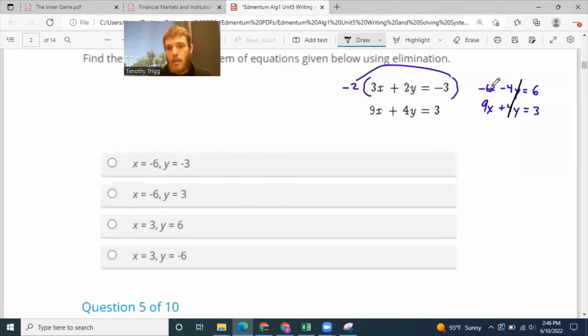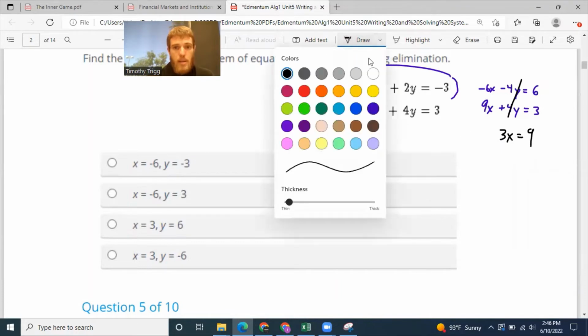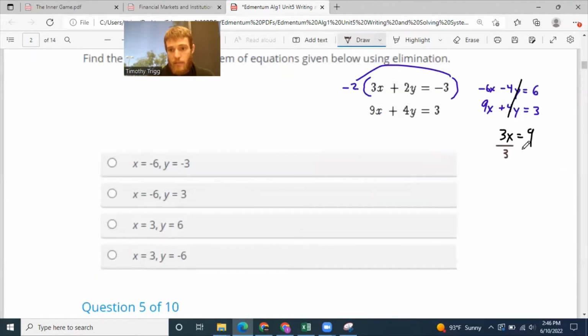That's great. Negative 6x plus 9x is 3x. So we have 3x equals, and we're adding here, so that's 9. Go ahead and divide by 3 on both sides of the equation in order to get x by itself. Dividing by 3, the value of x is 3.